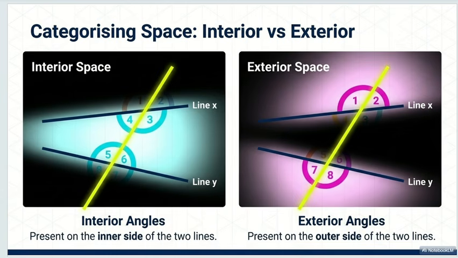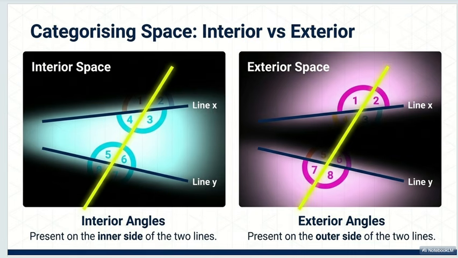Okay, in the next slide we will see that when the transversal line cuts the two lines, there is interior space and there is exterior space. Okay, so interior means inside, the angles formed between the two lines.